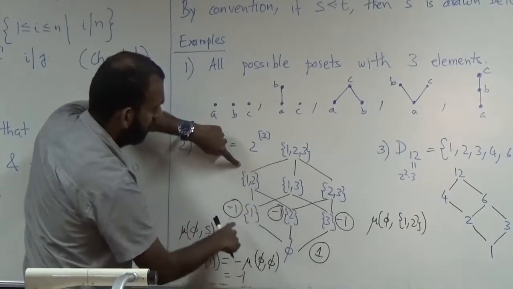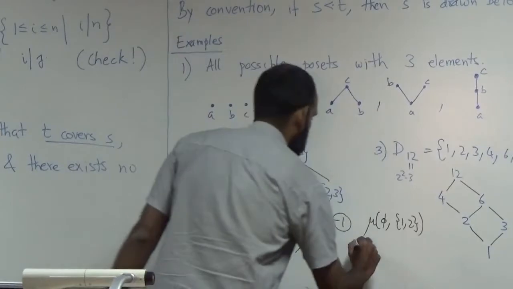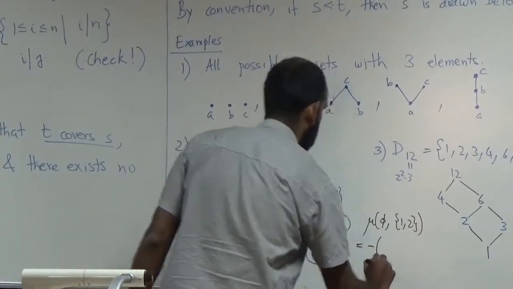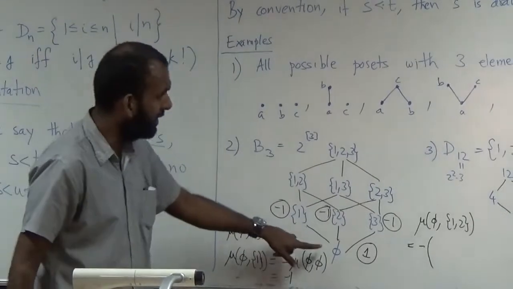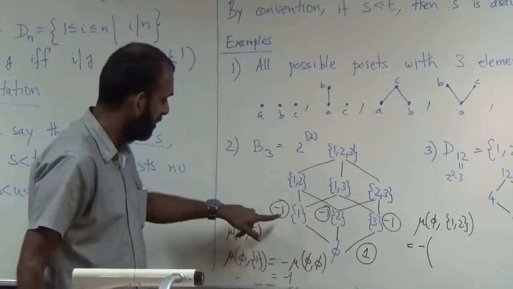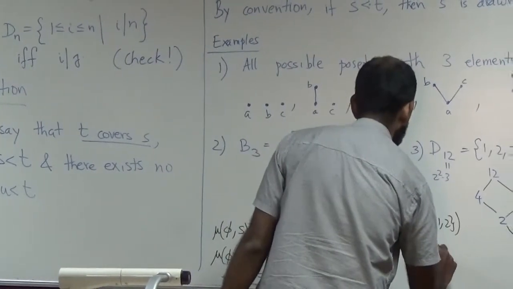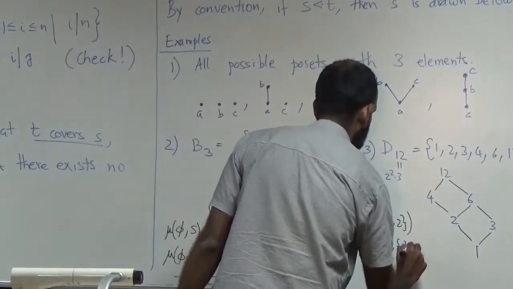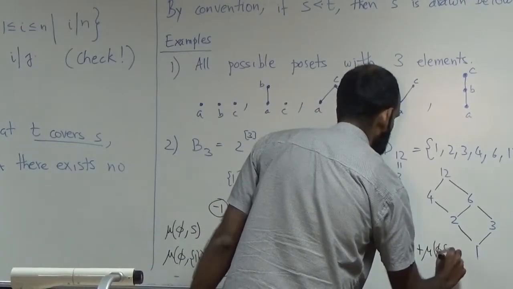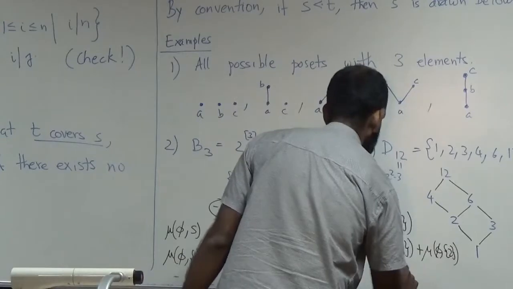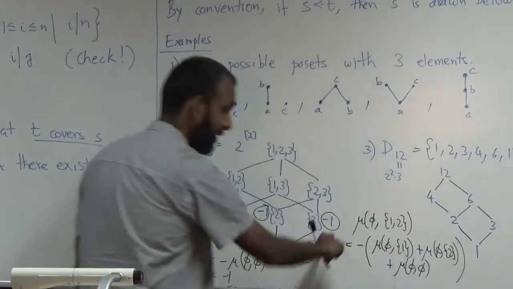I have to know mu of phi with all these guys, which I already do. So this is going to be minus of, when I look at that, my t is going to be either phi 1 or 2. So it's going to be mu of phi 1 plus mu of phi 2 plus mu of phi, minus of the whole thing.